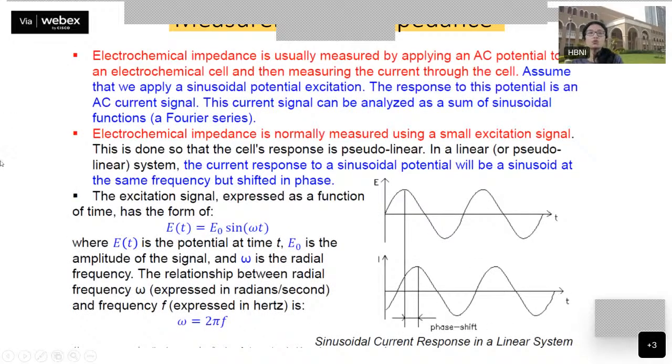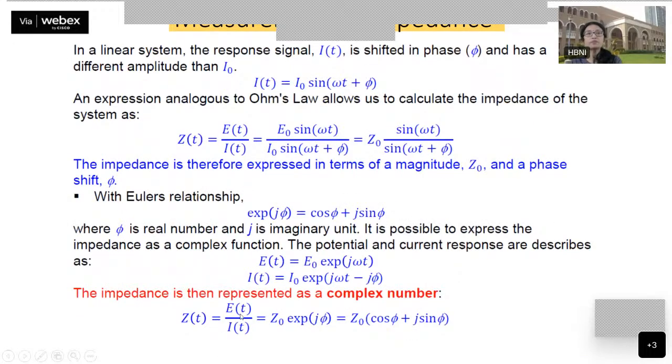Now coming to how exactly it is done. In this particular slide I have already explained how you have E(t) and how the radial frequency is related to frequency. Now in a linear system, the response signal is I(t) and this is shifted in phase. So when you have E(t) applied, the I(t) is whatever current you are getting, which is I0 sin(omega t + phi).